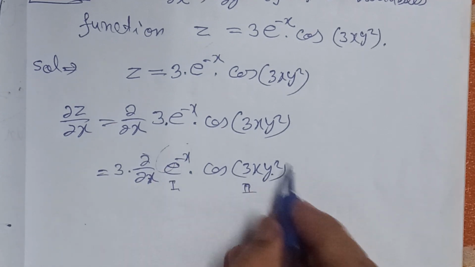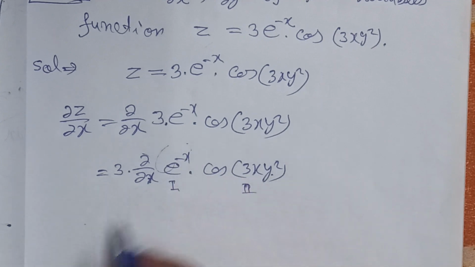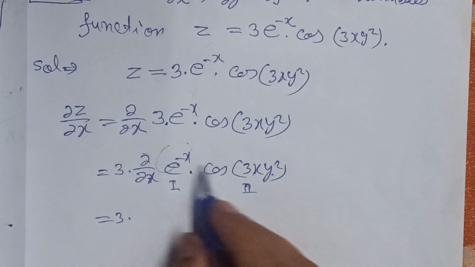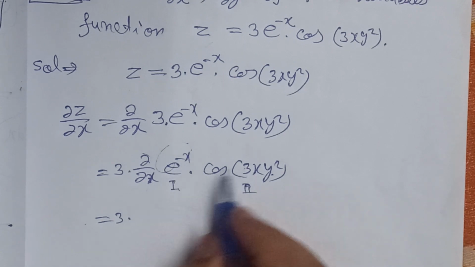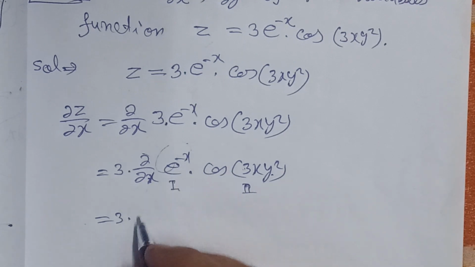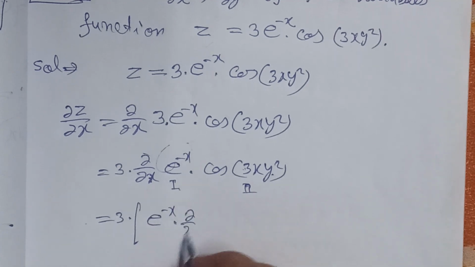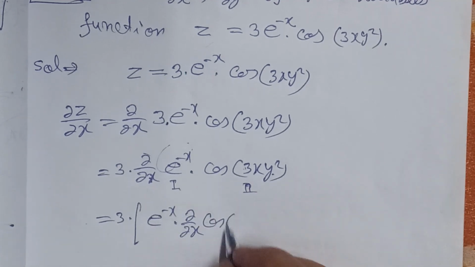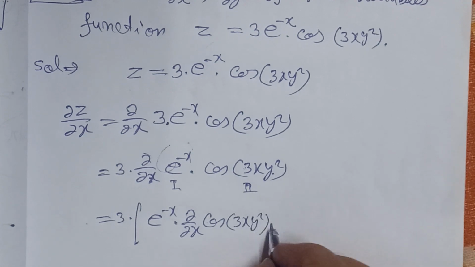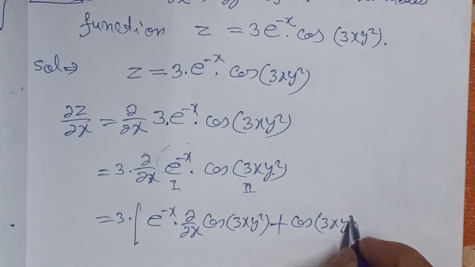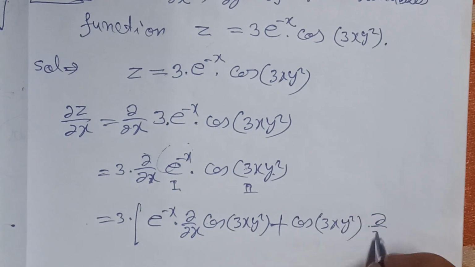We are seeing that there are two different functions of x, and for differentiation of the multiplication of two functions, we write the first function as it is, differentiation of the second function cos(3xy²), plus the second function as it is, differentiation of the first.